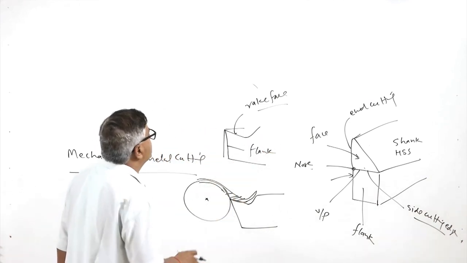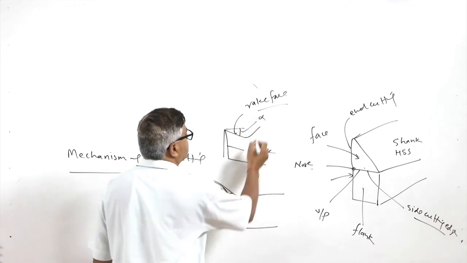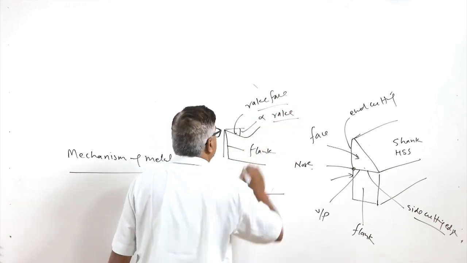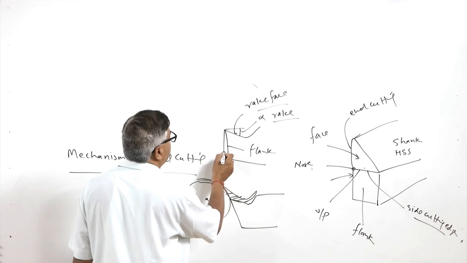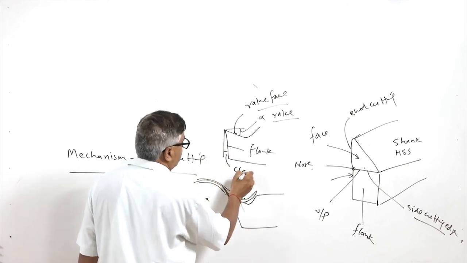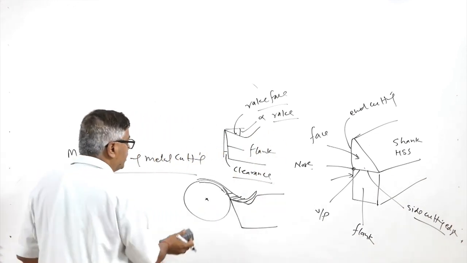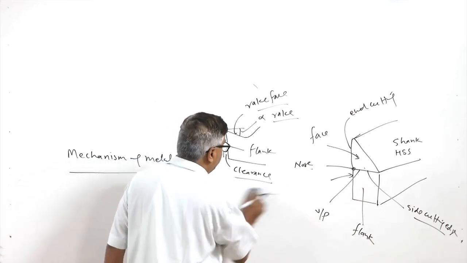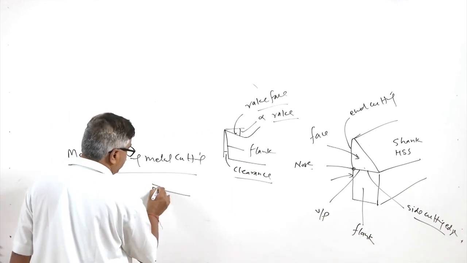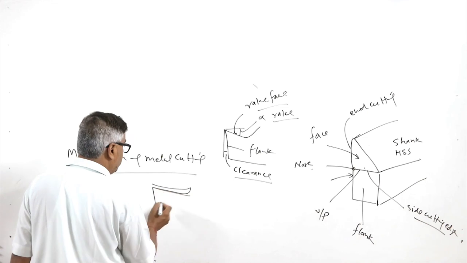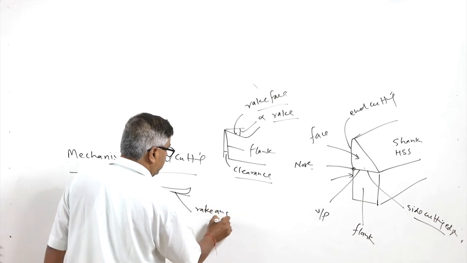With respect to the horizontal, the tool face is inclined at a certain angle, normally represented as alpha, called the rake angle, and with respect to the vertical plane, the flank is slightly inclined, and this angle is called the clearance or relief angle. This is the simplified form of the orthogonal cutting situation, wherein the rake angle, which is sloping down, facilitates the flow of the chips over the face of the tool.